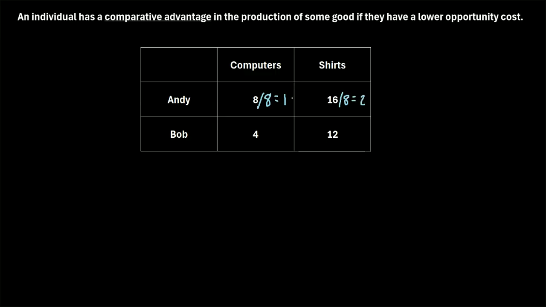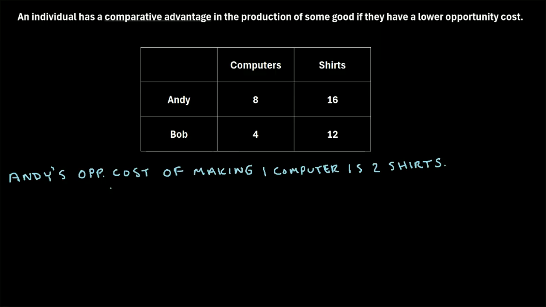So what this tells us is that for each 1 computer that Andy decides to make, he's giving up the potential production of 2 shirts. So in other words, his opportunity cost of making 1 computer is 2 shirts. This is what he's giving up to make 1 computer. So let's go ahead and write that down. So Andy's opportunity cost of making 1 computer is 2 shirts.